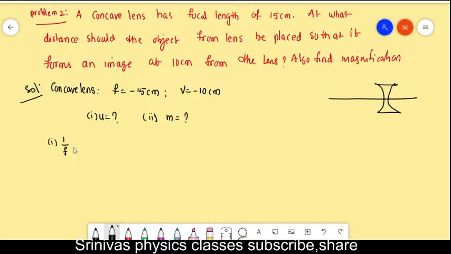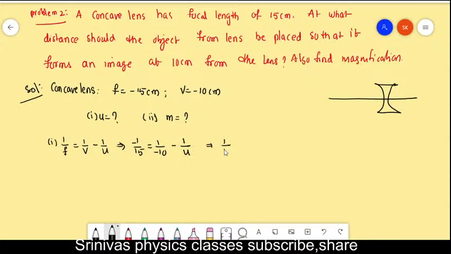We have to use the lens formula to find out the object distance. 1 by f is equal to 1 by v minus 1 by u. 1 by f is minus 1 by 15, that is equal to 1 by v, minus 1 by 10, minus 1 by u. We have to find out the u.